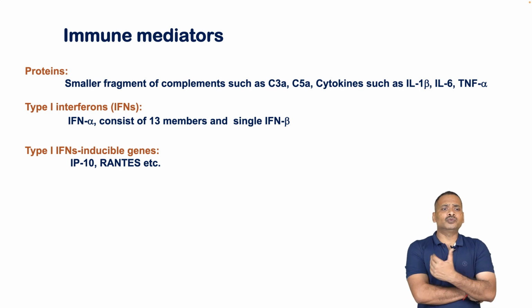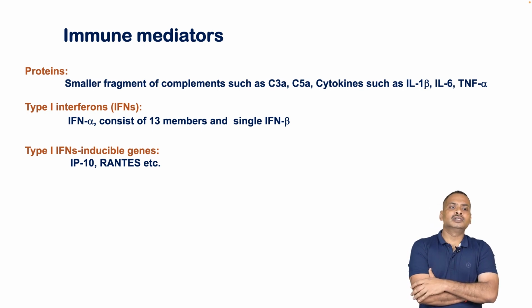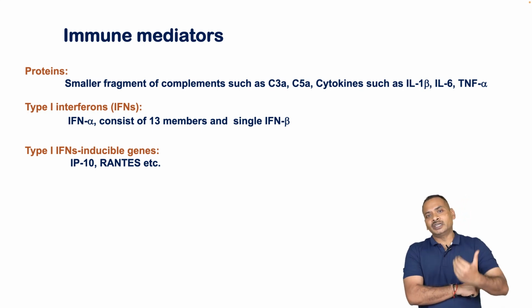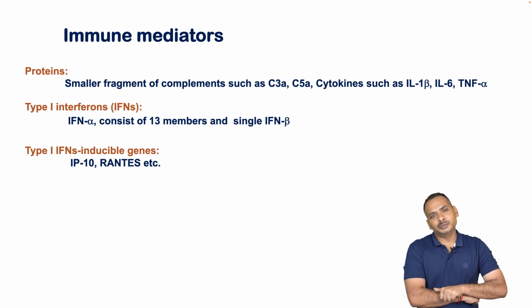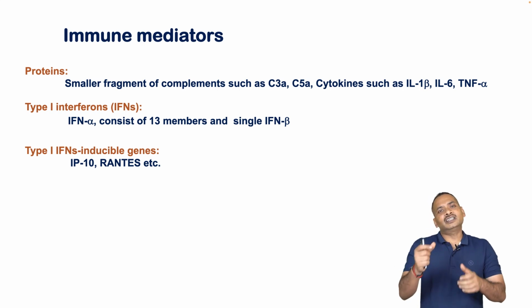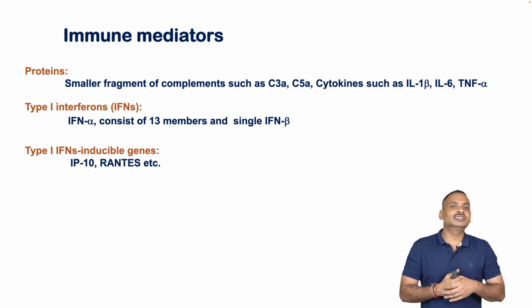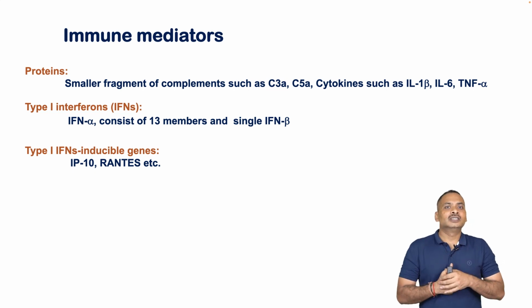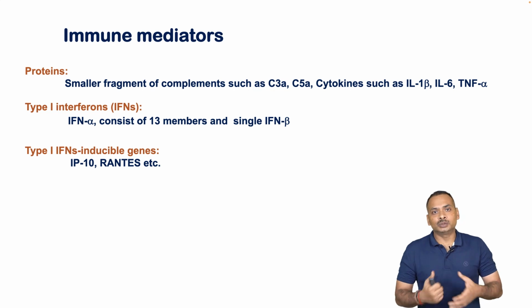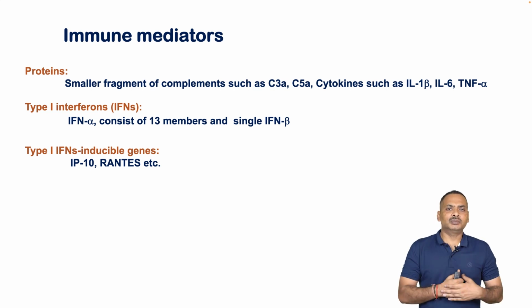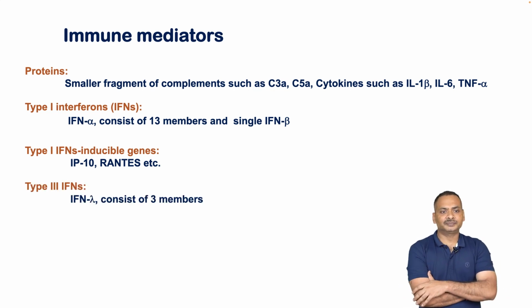There are type 1 interferon inducible genes. When type 1 interferon is produced by the immune cells, it acts and activates a huge number of genes, and all those genes are involved in checking viral replication, and we call them type 1 interferon inducible genes. Okay. For example, IP10 and RANTES.